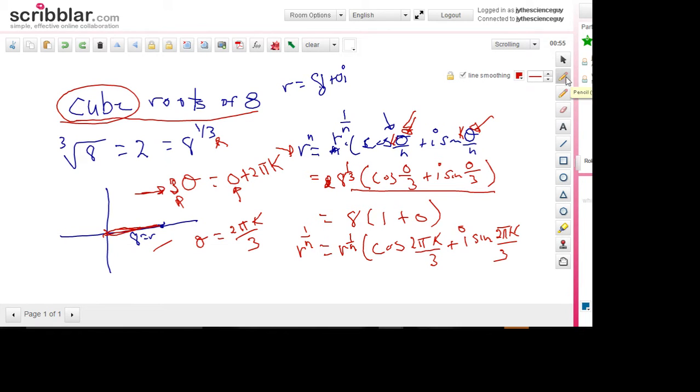So let me erase some of this stuff because I don't want it to be all over the place. Probably would have been easier for me to just do this.